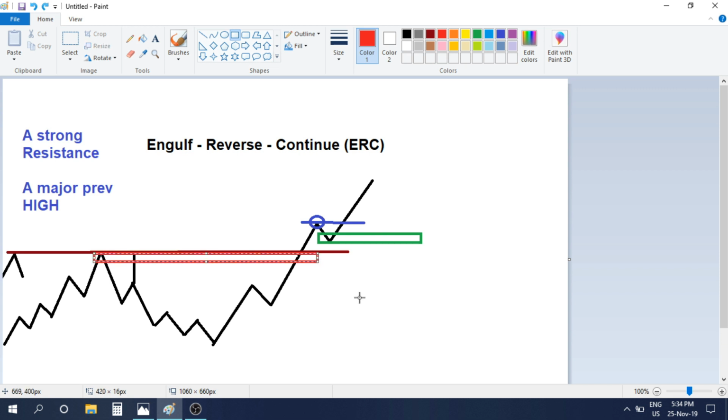Okay. So here when price engulfed this particular high, it also engulfed this supply zone, right? So this is the example that I was trying to explain, but in a different fashion. So this was a reversal zone. It need not be. Sometimes price might be dropping from here.